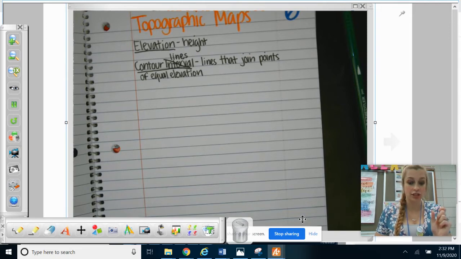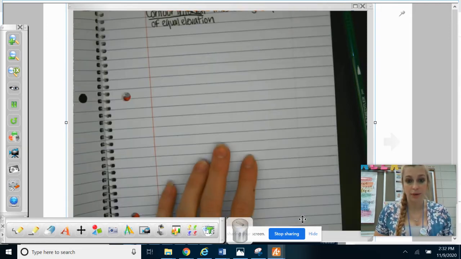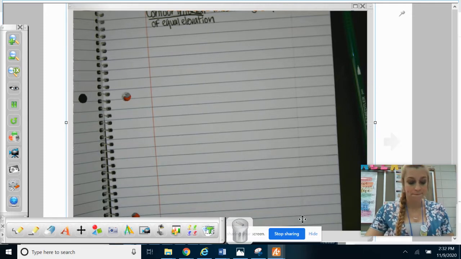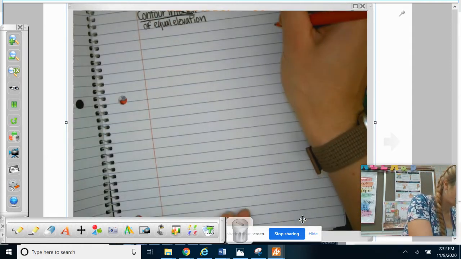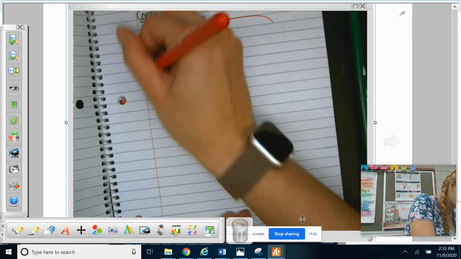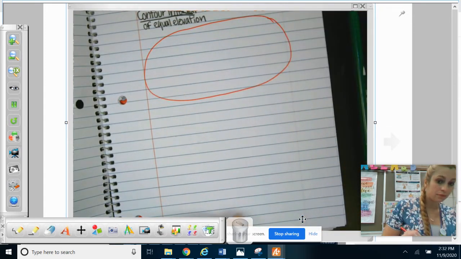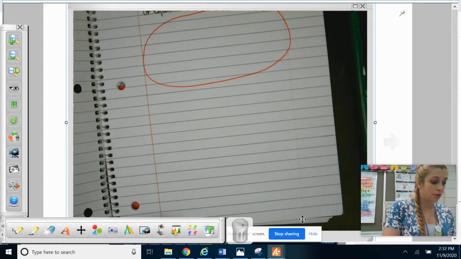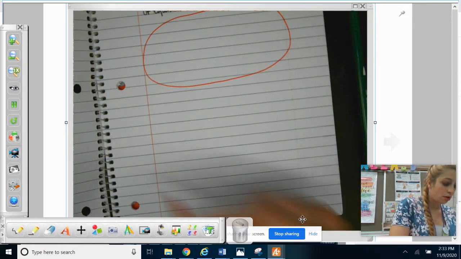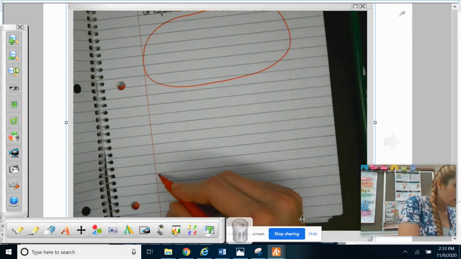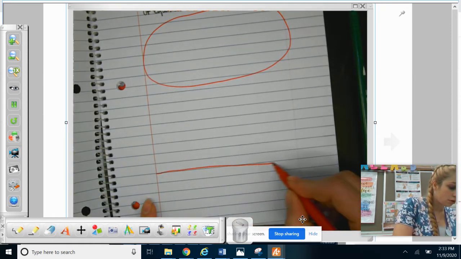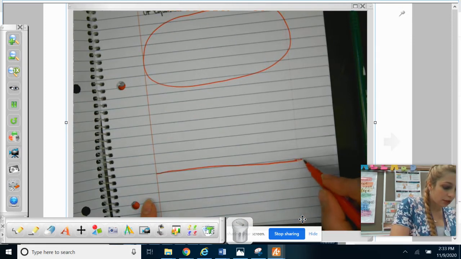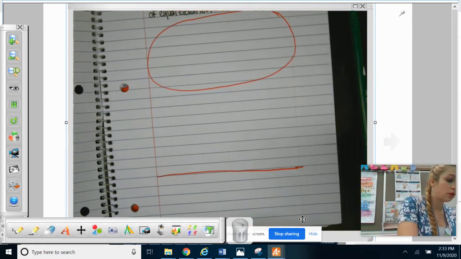All right, so we're going to draw 2 pictures. We're going to try our best. Right underneath this, I'm going to draw a big oval. And then down below it, I'm going to draw a line the same width as my circle. And then I'm going to draw another circle.